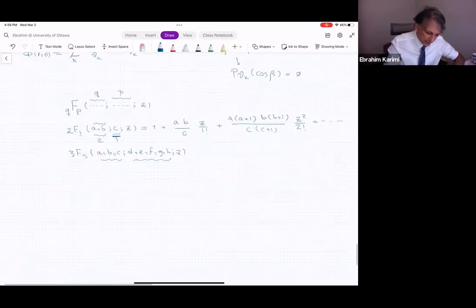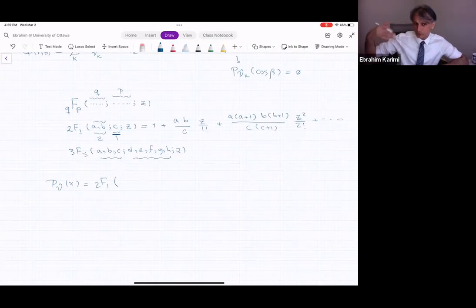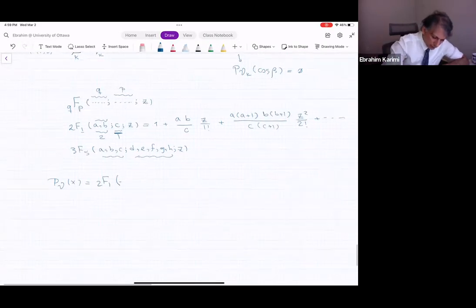Inside your book, they say that the Legendre function of nu of x, when nu is not an integer, of course, is given by the hypergeometric function 2F1 of minus nu and nu plus 1, which are the two indices in the numerator, and then you have 1, which appears in the denominator, and then you have 1 minus x divided by 2.